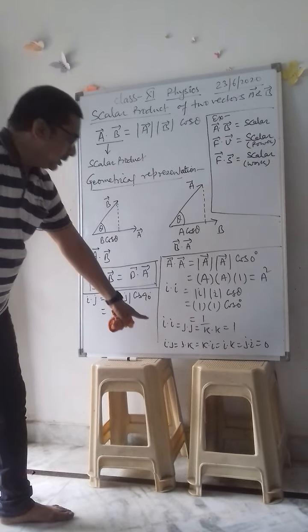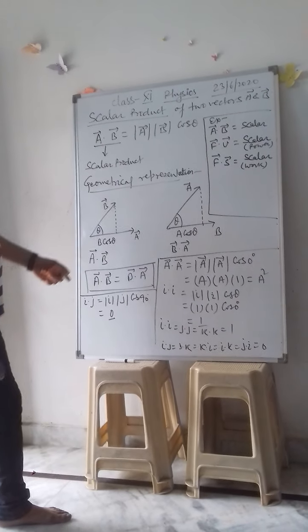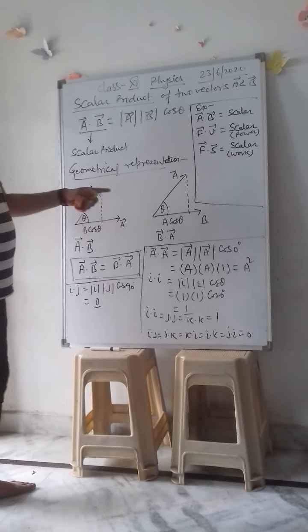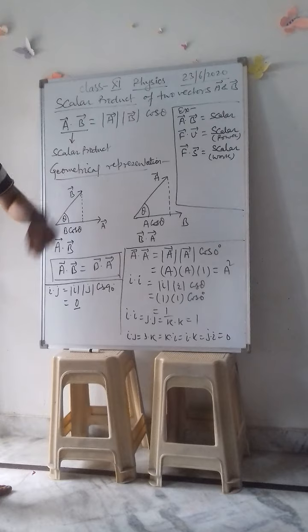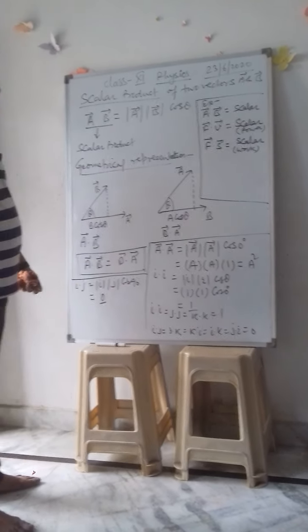This is the important formula regarding the dot product. We can use these formulas for the scalar product. Now we can take some examples. A dot B is equal to how much?